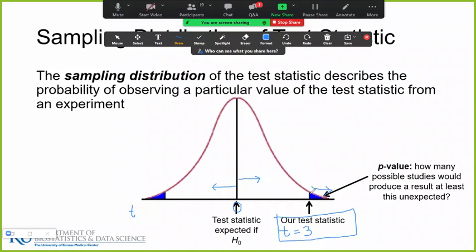So what are the chances of observing a t this large or something larger corresponds to, again, what are the chances of observing a treatment effect this large or even larger under the assumption of the null hypothesis. So if there is no treatment effect, this is the chance that I would see this kind of signal in the data. That's all that it is.